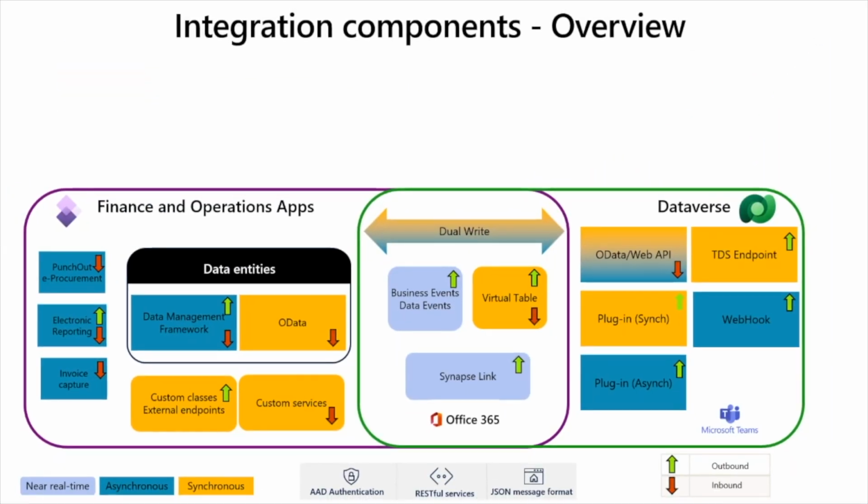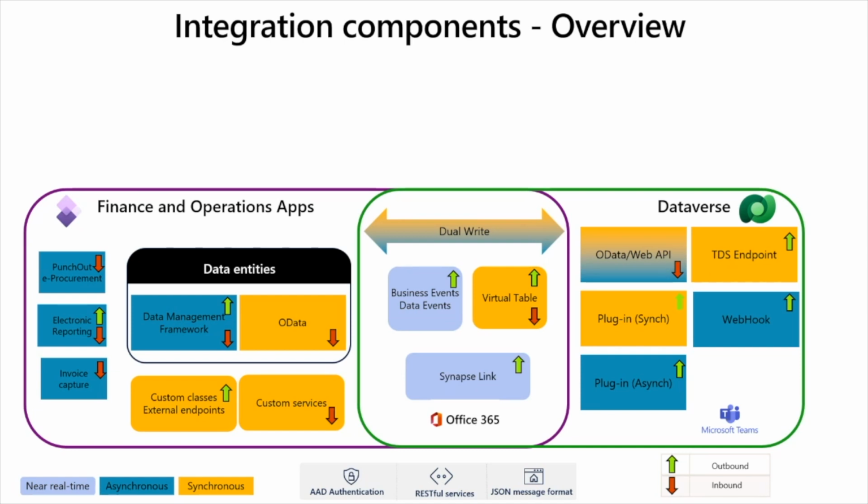So in this slide, we want to show you all the main options that we have to integrate with Dataverse and D365 using the previous categorization. Here we group the fundamental endpoints by the platform they apply to, Dataverse and F&O or both, and the color schema indicates if the endpoint is meant to be used in synchronous, asynchronous, or near real time, while the arrows indicate if the endpoint is used for inbound or outbound communication.